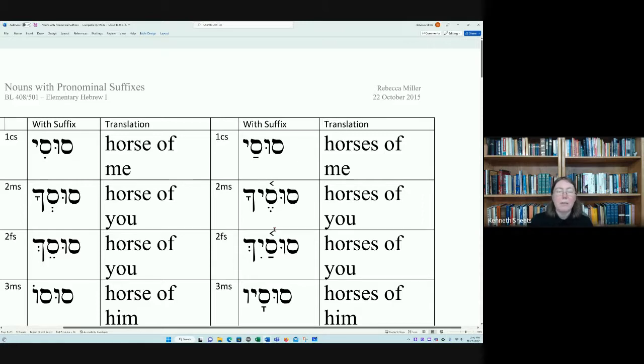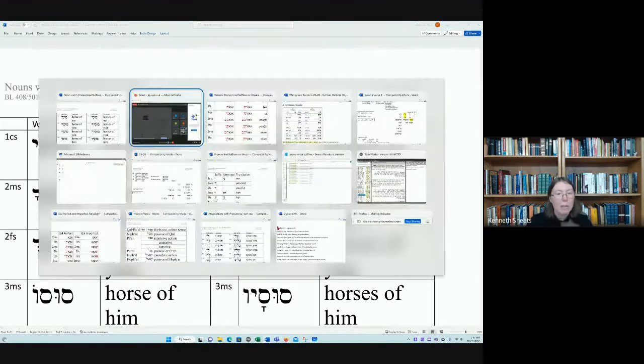But as we said, these pronominal suffixes not only attach themselves to nouns, but they can also attach themselves to other parts of speech, including prepositions and verbs as well. I'm going to run through those forms here real quick, and then we're also going to take a look at some passages where these pronominal suffixes occur on prepositions and on verbs as well.